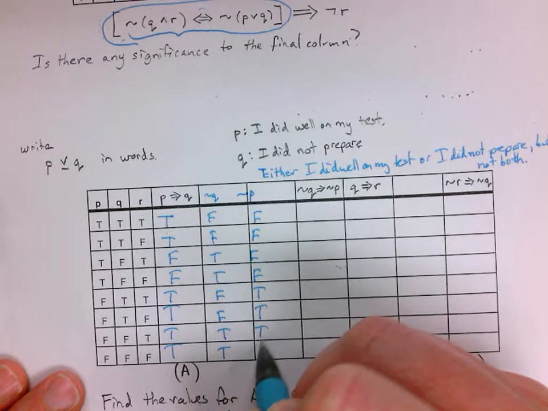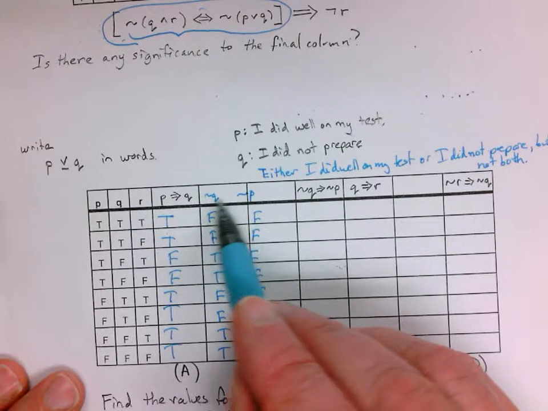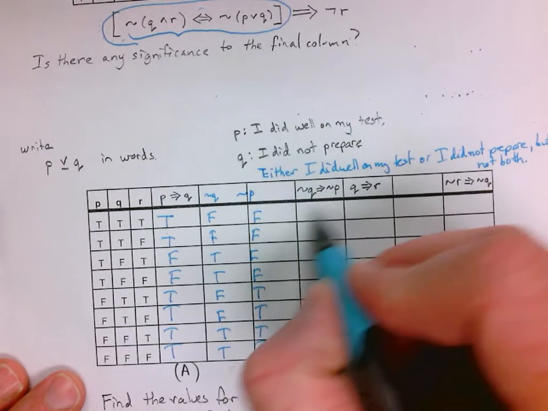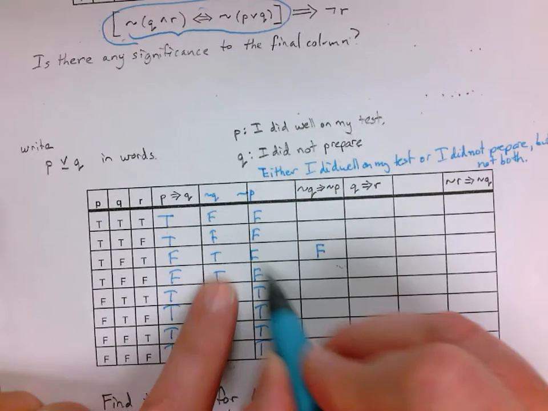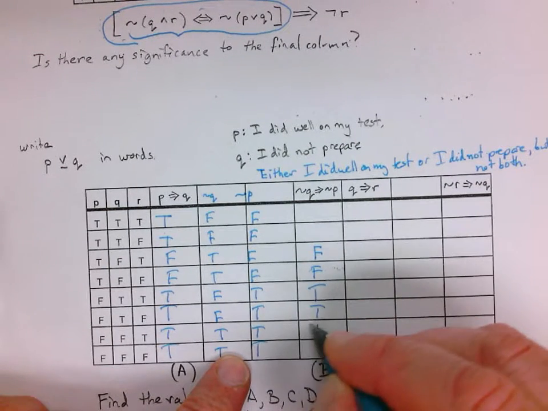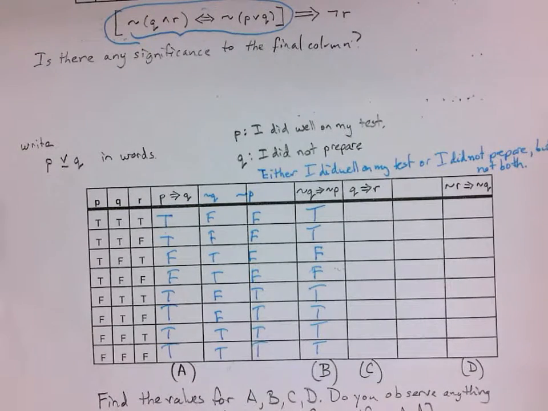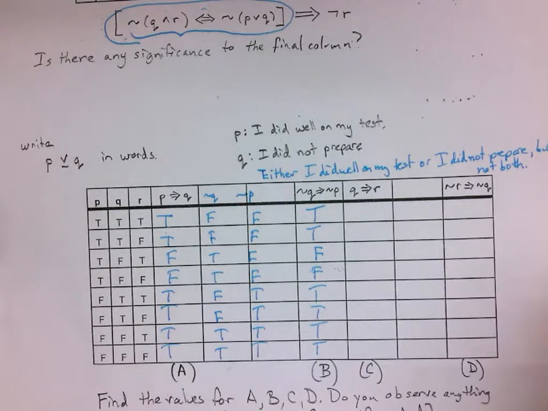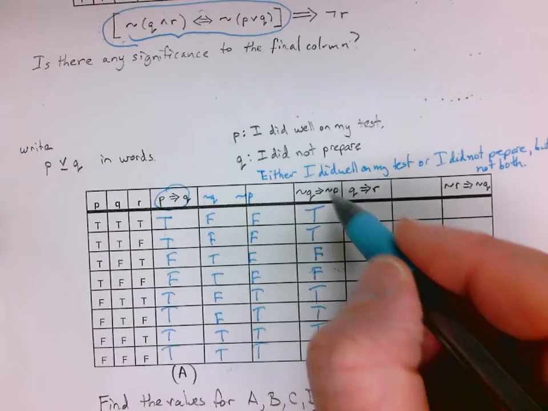So we're comparing if, then using not Q and not P. Again, it's only false when it's true followed by false. So this is the conditional statement, and this is the contrapositive.